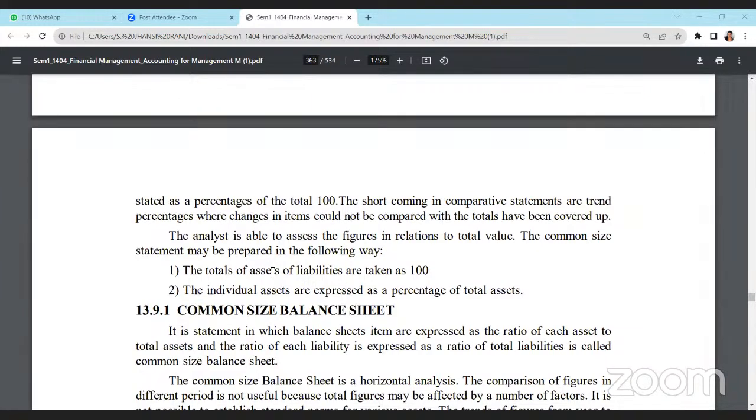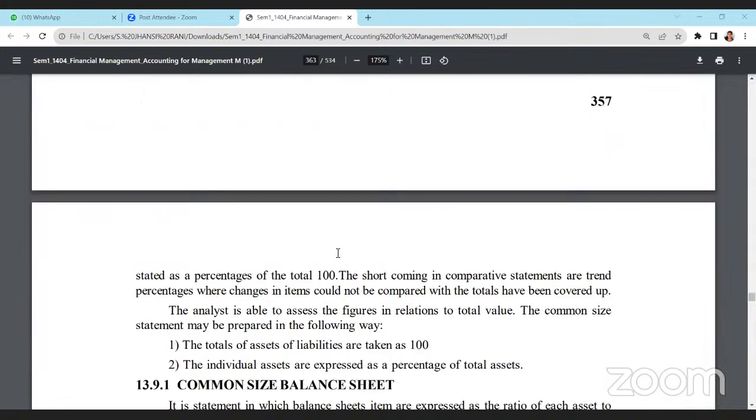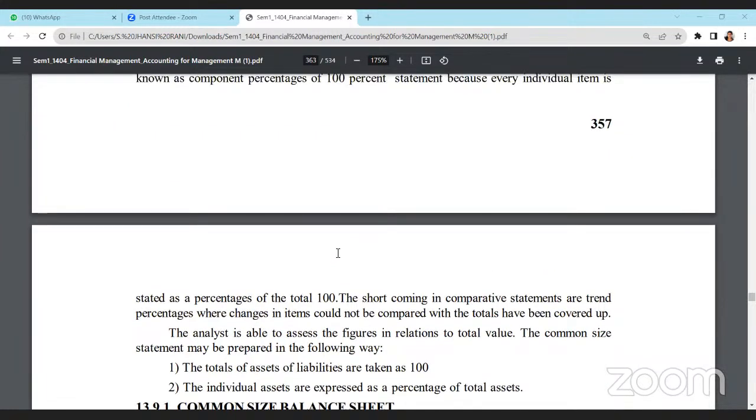The only difference is that here also 2 years of information is given, but not of the same company. In comparative statements, we are doing 2 years of information of our own company. But in the common size statement, we are taking information of 2 different companies.